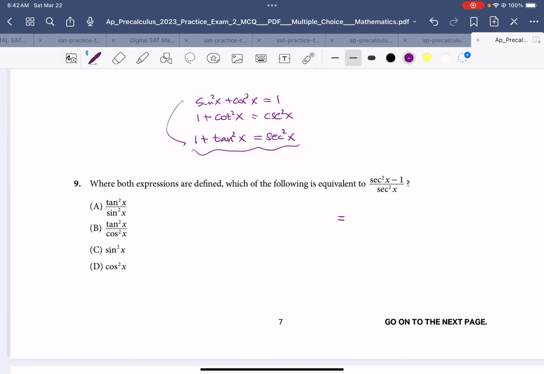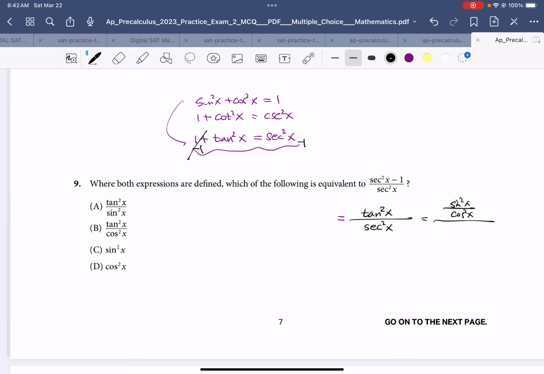So if you manipulate this one a little bit, by subtracting 1 from both sides, we know that secant squared x minus 1 is tangent squared x. So the answer is tangent squared x over secant squared x. Now, tangent is sine over cosine, so I'm going to change it into sine squared x over cosine squared x.